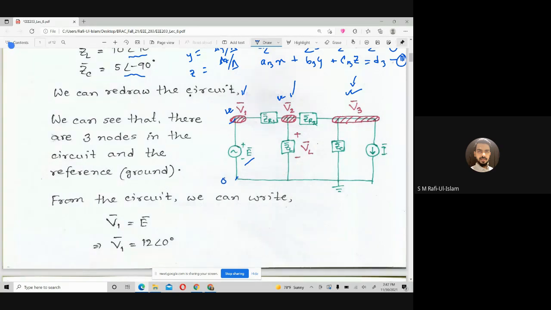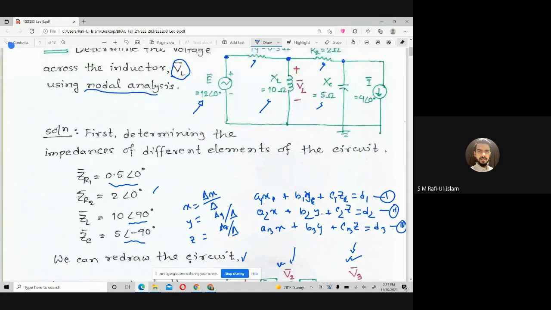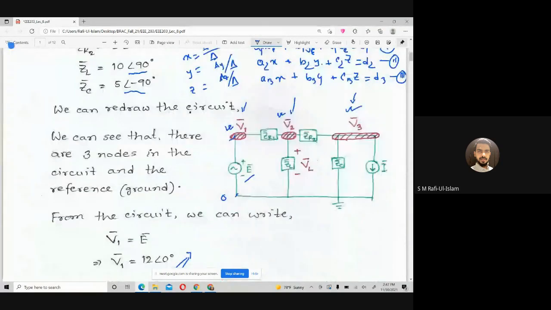So V1, the node voltage of the first node, is nothing but the source voltage, which is given here as 12. We already know this one. So basically we have 2 unknown variables, V2 and V3, and we need to write 2 equations consisting of V2 and V3.